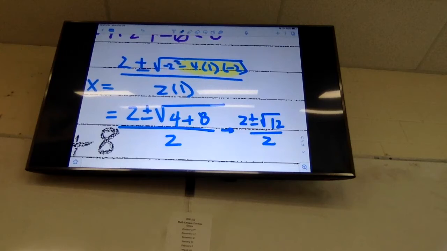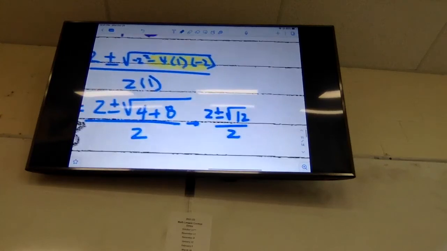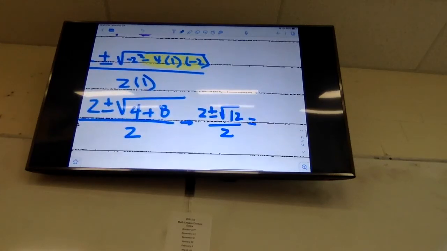We can simplify root 12. I thought it was negative 8. There's a negative in front of the 4 there, and then the 2 is negative 2. So you can think of it as minus negative 8, but it will become plus. Root 12 is the same thing as 2 root 3, right?